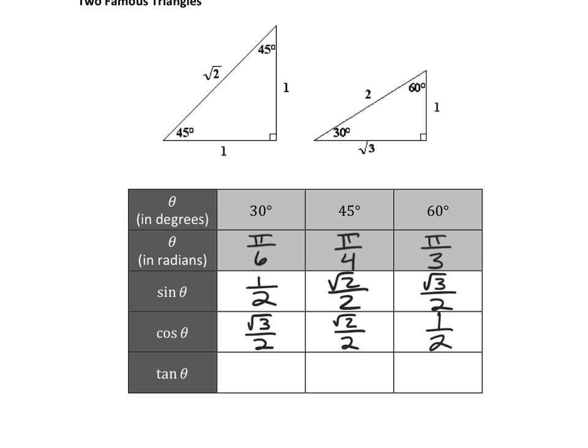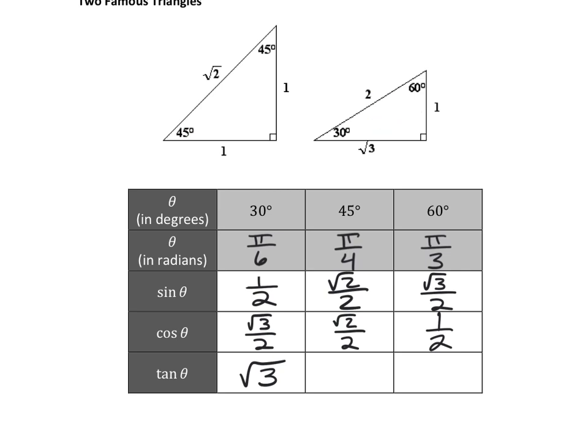Now we go to tangent. If we want to do the tangent of 30, tangent is opposite over adjacent. So it would be square root of 3 over 1, which is just square root of 3. Let's see.